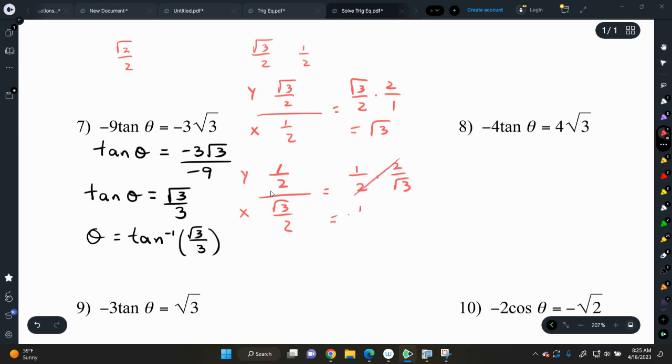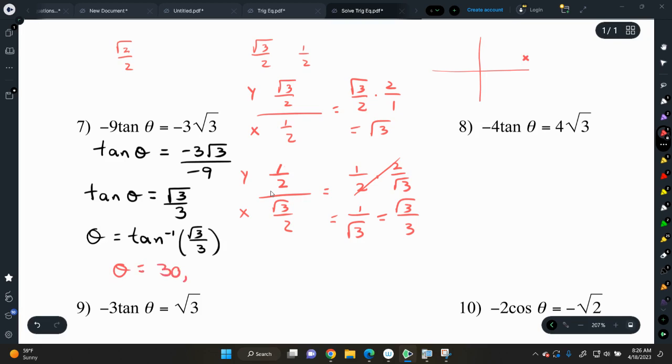The 2's cancel, so I have 1 over root 3, which is root 3 over 3. So we're looking at where the y is 1/2 and the x is root 3 over 2. That's right here at the 30-degree angle. So we're looking at theta equals 30 degrees.